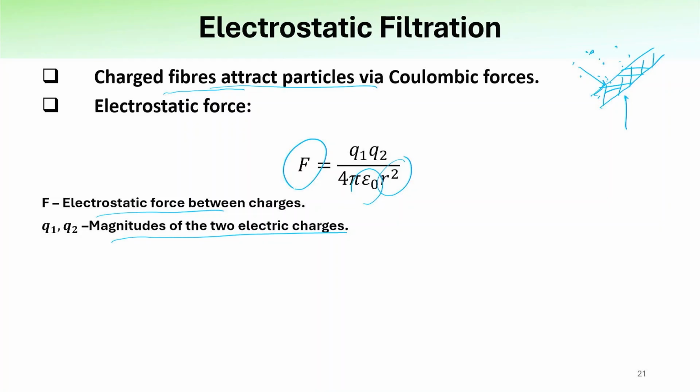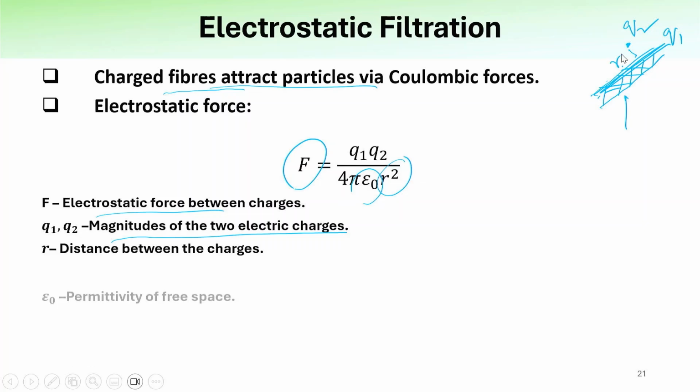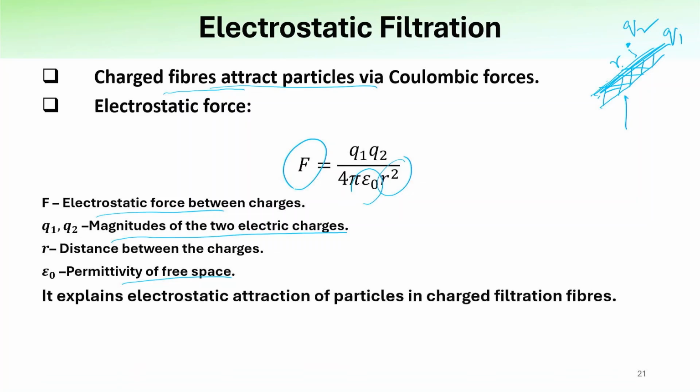So, this is a charged surface and the particle. Suppose there is one particle. Here the fiber charge is Q1 and the particle is charged by Q2, and r is the distance between them, and epsilon 0 is the permittivity of free space, in air. It explains the electrostatic attraction of the particle charge on the fiber.